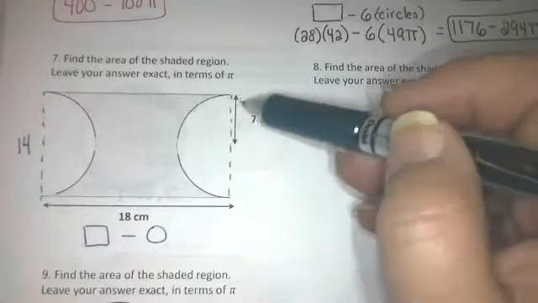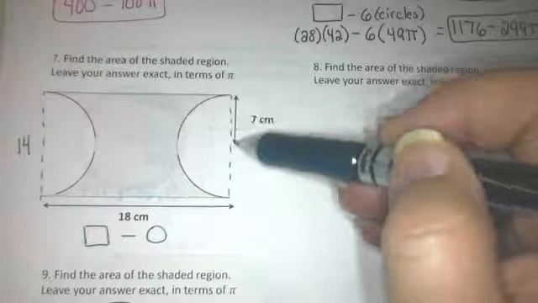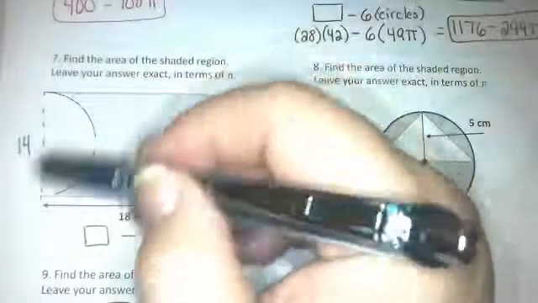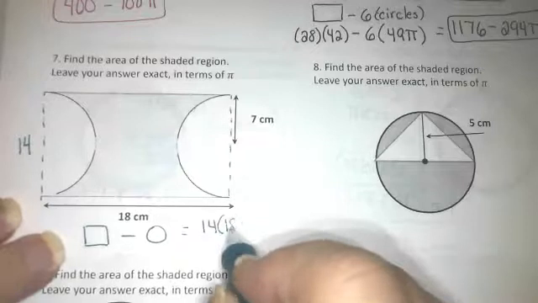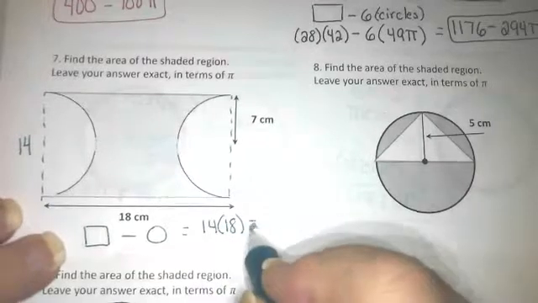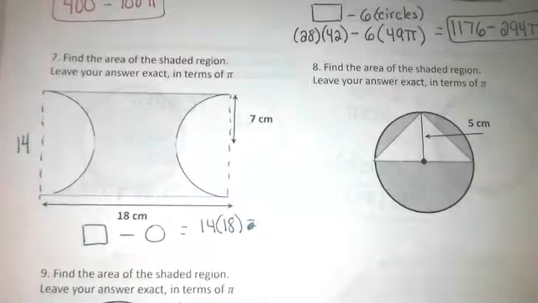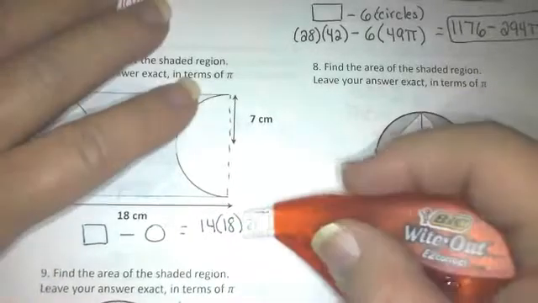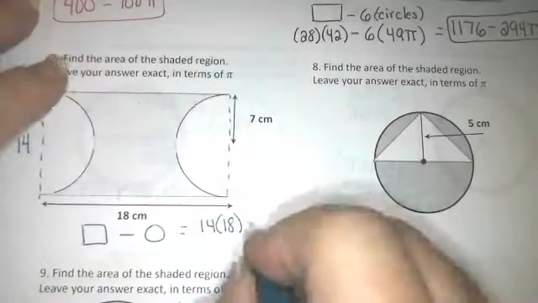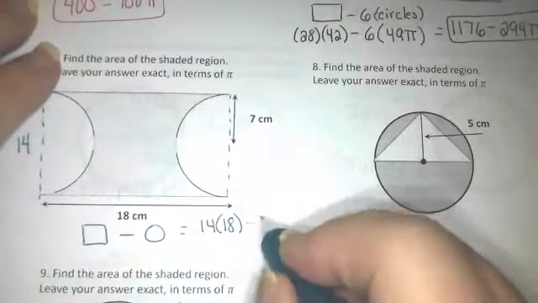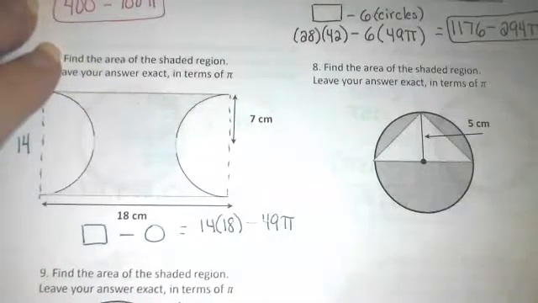Okay, and here's what he said if you missed it. 7 was the radius, so this entire length was 14. So base times height, minus, and my circle has a radius of 7, so he said minus 49 pi.